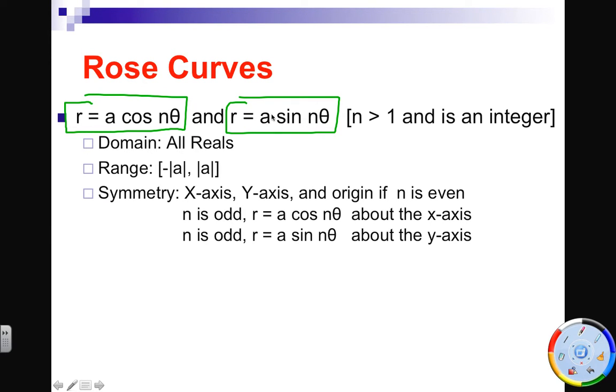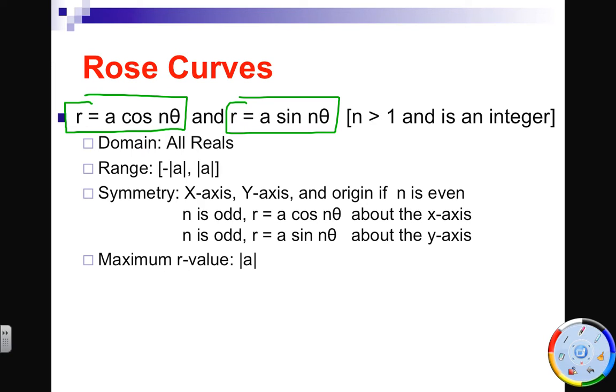It doesn't matter what a is. If n is an even number, it has all types of symmetry. That's kind of cool. If n is odd, for cosine, it's symmetric about the x-axis. And if n is odd, for sine, it's symmetric about the y-axis.